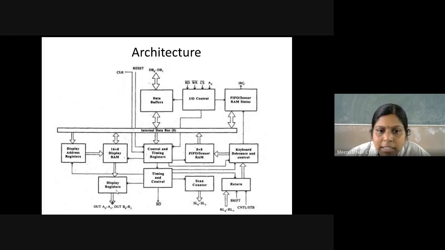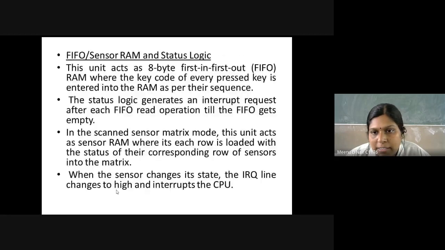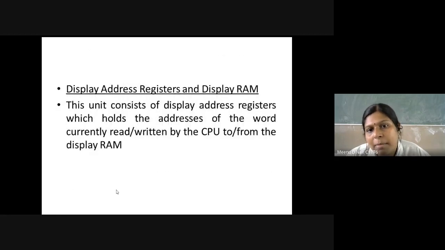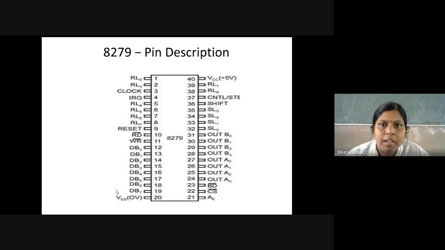The display register holds the address of the word, and through the display RAM it displays the actual signal, number or key pressed. So this is the block diagram of the 8279.